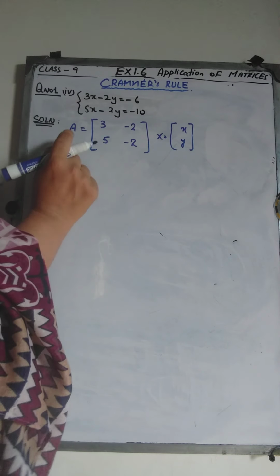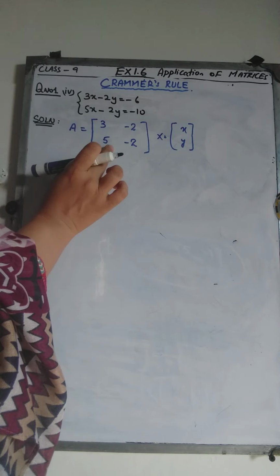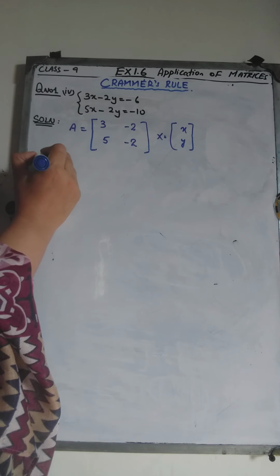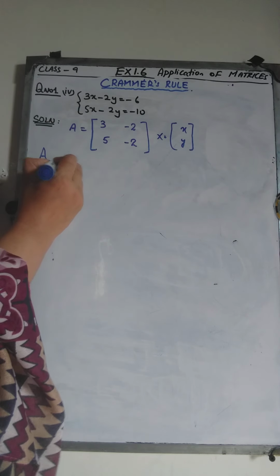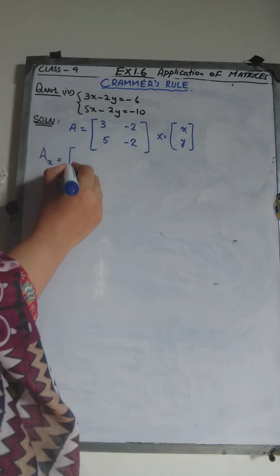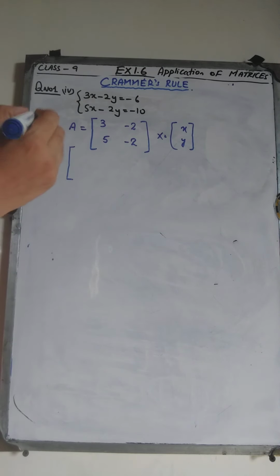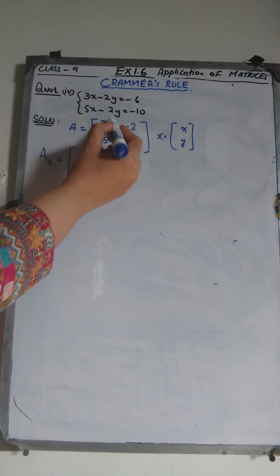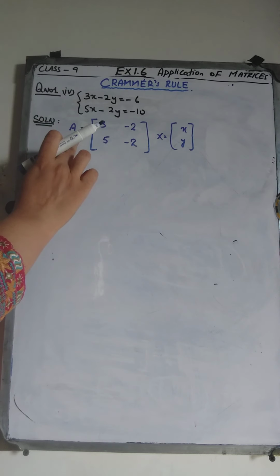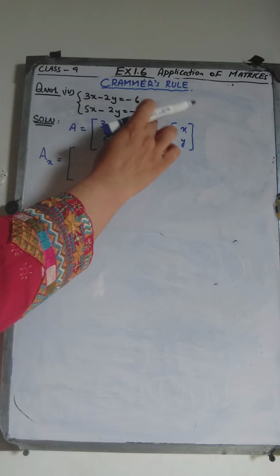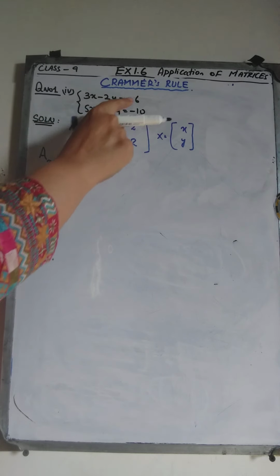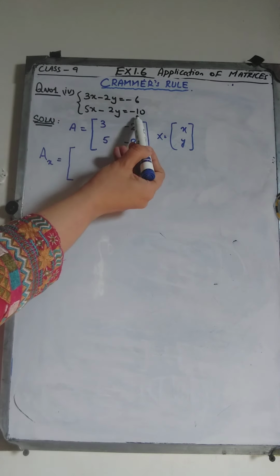Now we define three main matrices. One is the matrix of coefficients, A. The other will be AX. This is a matrix which will be obtained by replacing the first column of this matrix with the constants on the right hand side. What are the constants on the right hand side? -6 and -10.